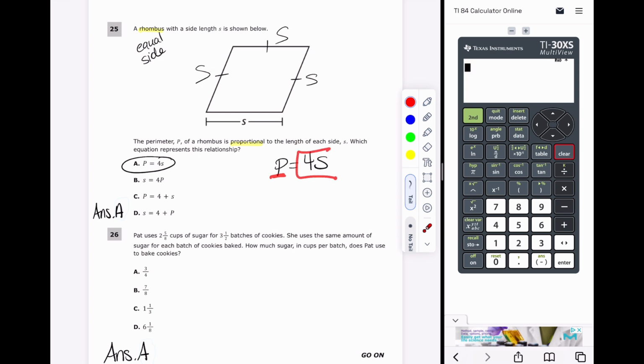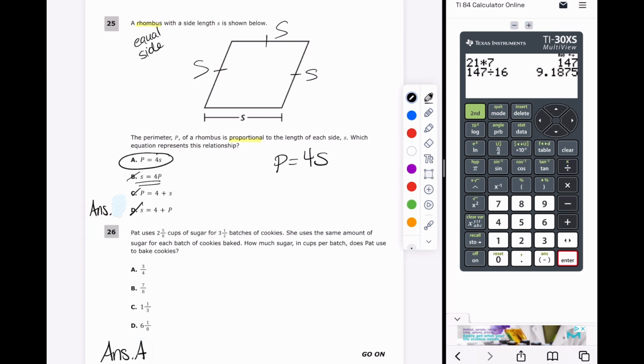P is equal to the product of my constant rate 4 times S. All right, and the easiest one: C and D look pretty obviously not the right answer. But for B, you can see how it's saying the side is equal to 4 times the perimeter. Again, that's an easy place to make an error if you're rushing.